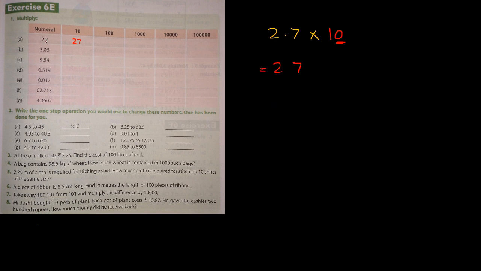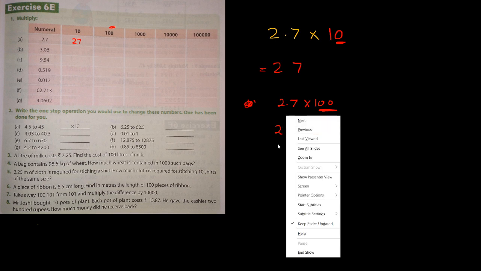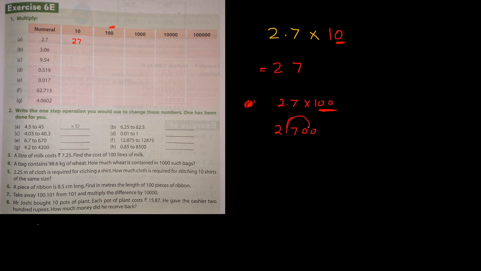Now if you multiply 2.7 by 100, you will write 2.700. These two zeros will come here, and there are two zeros, so the decimal will shift two digits to the right hand side, and you will have to write the decimal here.